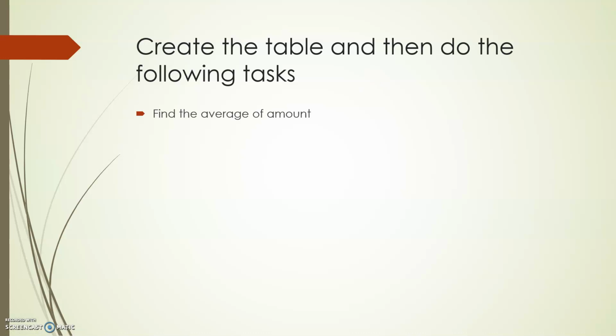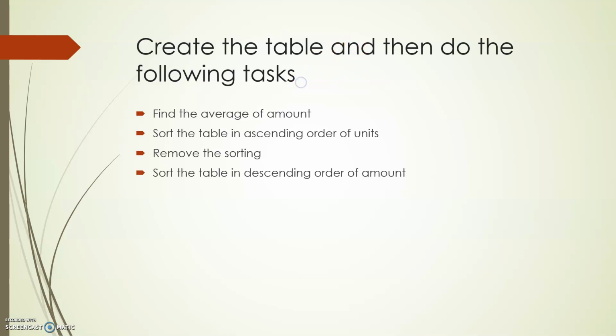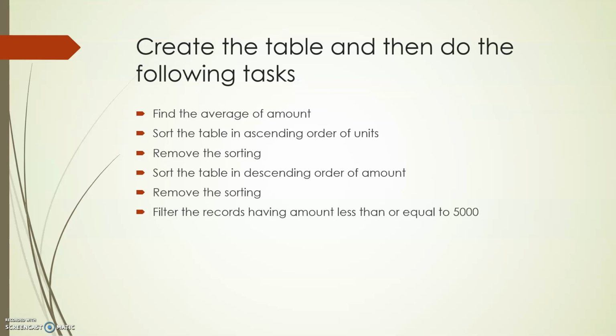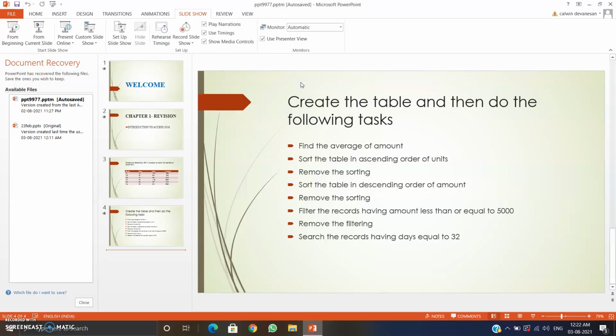The first task is to find the average of amount. The next is to sort the table in ascending order, then remove the sorting. Then sort the table in descending order, and remove the sorting. Next, filter the records and remove the filtering. Next, search the records having days equal to 32. And finally, we have to complete it.